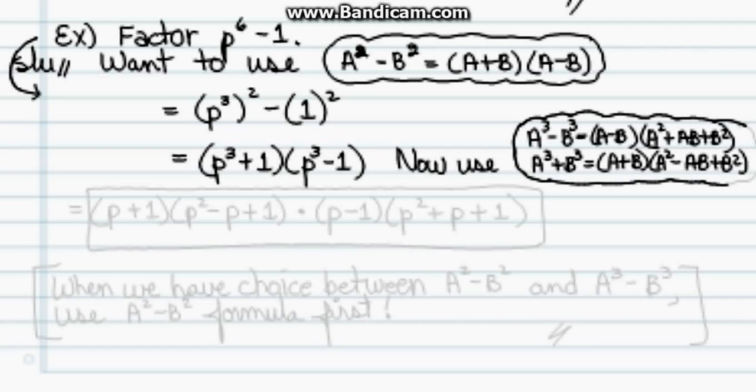We're going to use both of those because we actually have the sum of two cubes and the difference between two cubes. So this is equal to, the first one is the sum of two cubes, p squared plus 1 squared. P cubed plus 1 cubed.